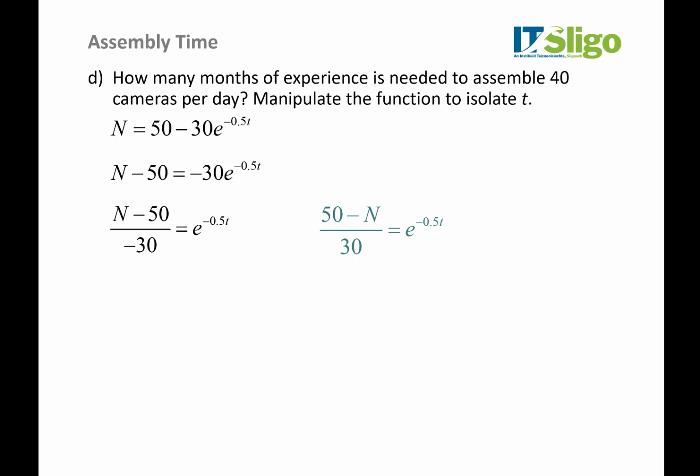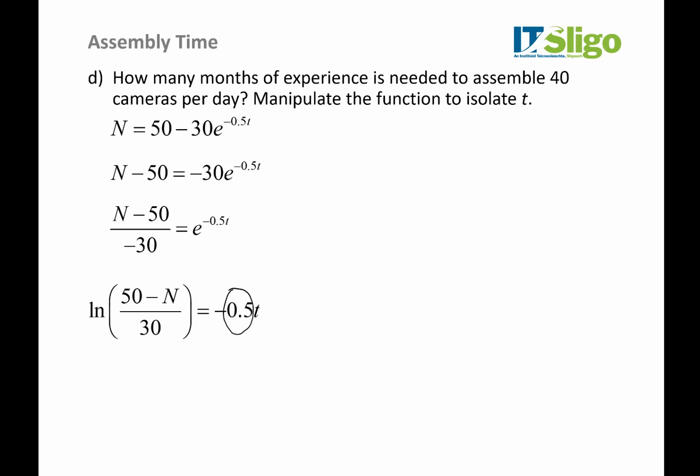Now what I'm going to do, guys, is get rid of the e by taking the natural log of both sides. And here, guys, we have minus 0.5. So I'm going to call that a half. Now, whatever way you want to do it, you could divide both sides by minus 0.5 and just get your calculator. That'd be fine. I just write that as a half, and then I multiply both sides by minus 2. And that'll get rid of that.